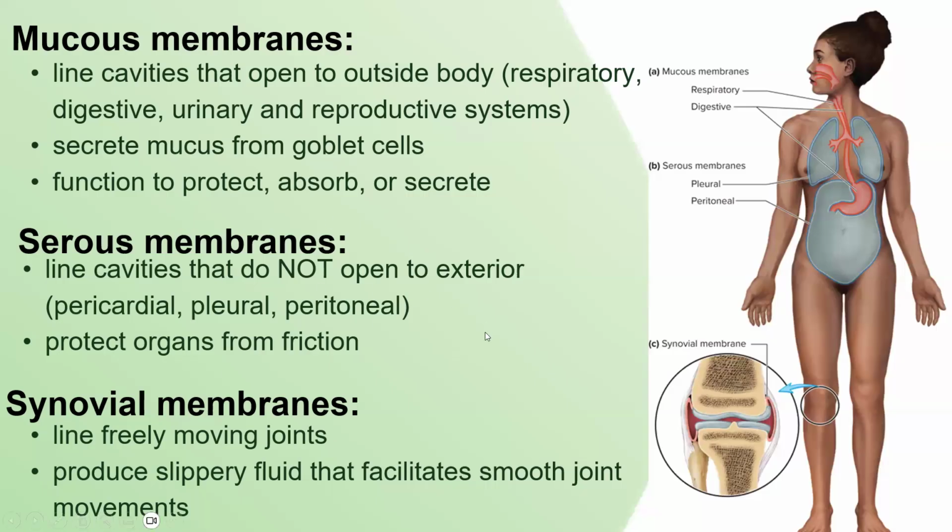Our serous membranes, we said these do not open to the exterior. And remember, these have two layers. So our layer that is going to make contact with our organs is our visceral layer. The layer that is just on the outer portion of the membrane or the cavity is going to be the parietal layer. So visceral always means organ. So anytime you see the word visceral, it's referring to an organ.